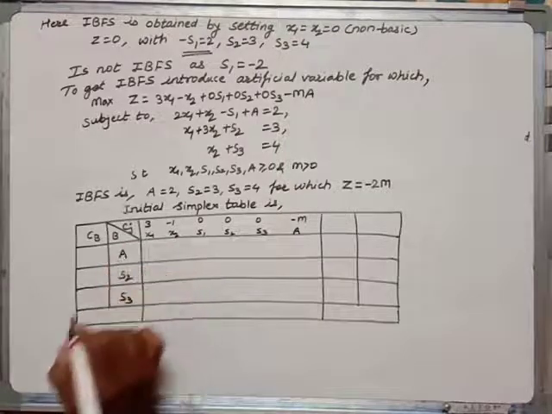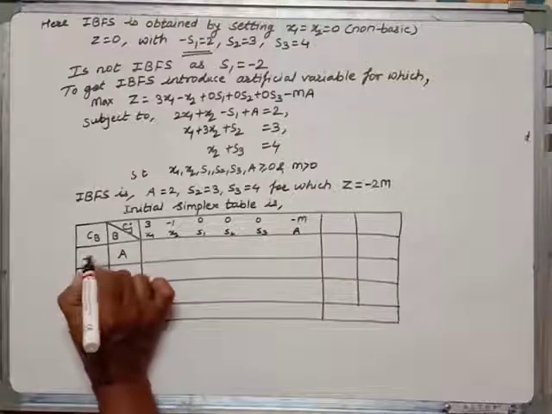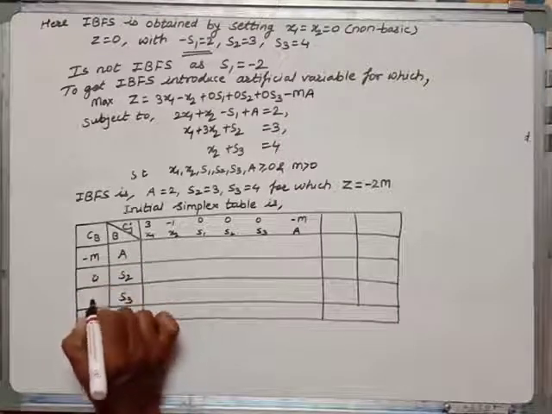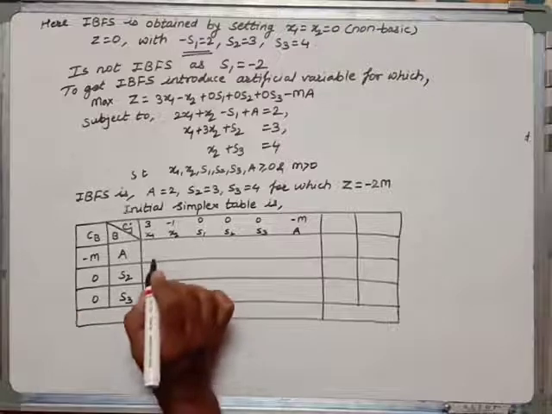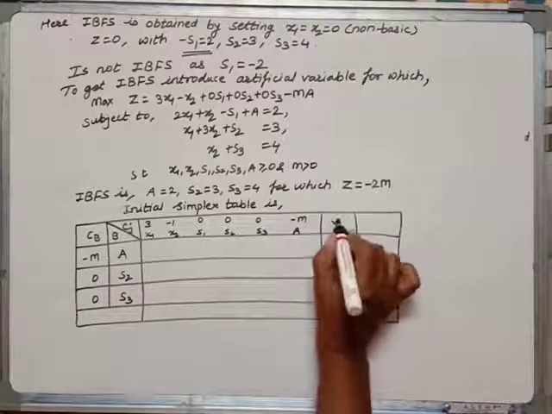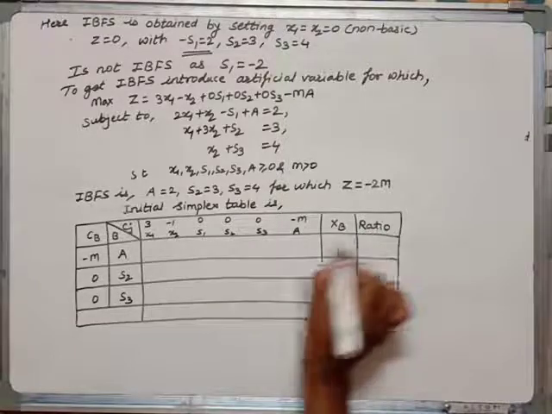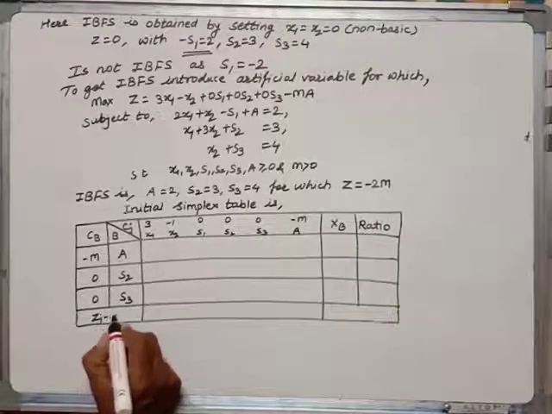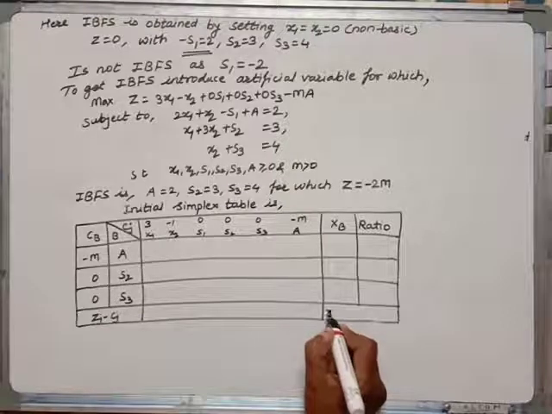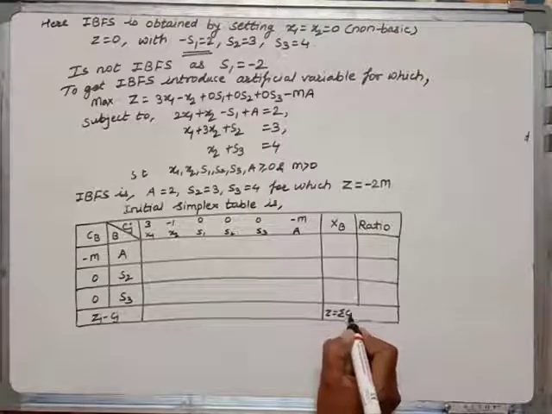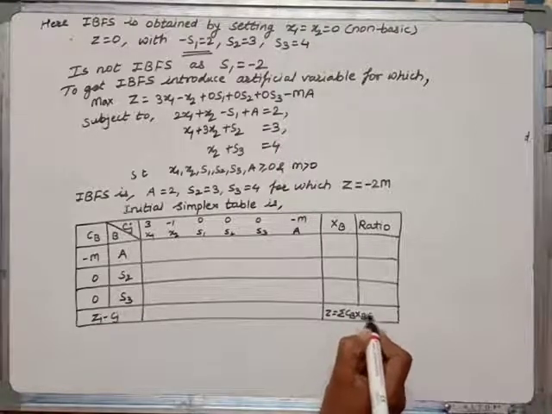Here this is a. A having the coefficient minus m, 0 and this 0. Now this is the same xb and ratio, zj minus cj and z is equal to summation cb xb.